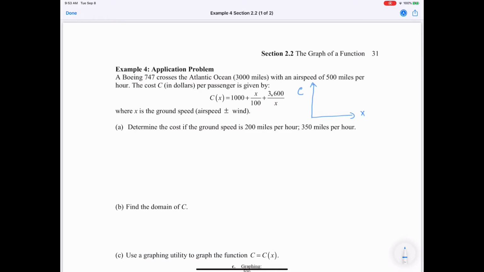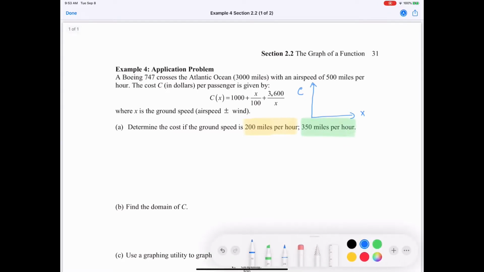There are two parts to this problem. The first part is to find the cost if my ground speed, which is x, is 200 miles per hour. And the second part is to find the cost when the ground speed is 350 miles per hour. Okay, so let me do the first portion.